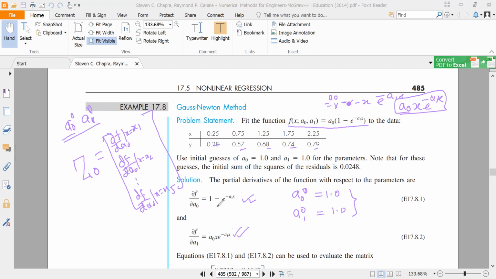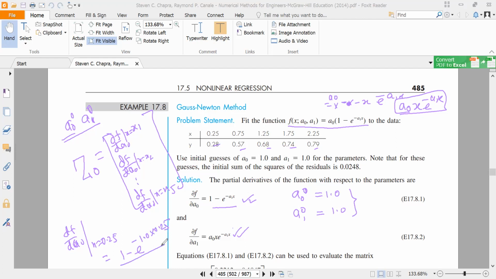So your first entry, df by da0 at x equal to 0.25, would be equal to 1 minus e to the power minus a1, with the first approximated value equal to 1, and the value of your x equal to 0.25, isn't it?